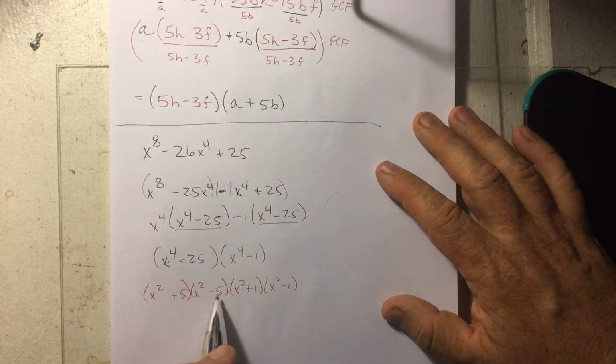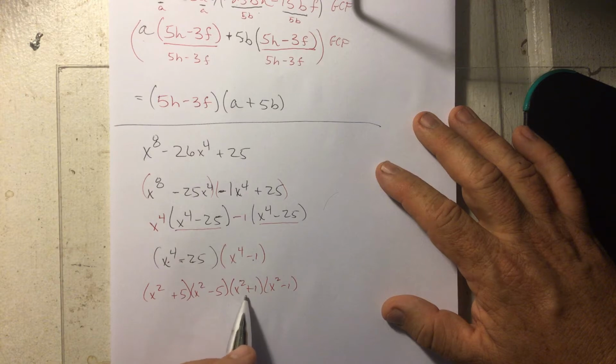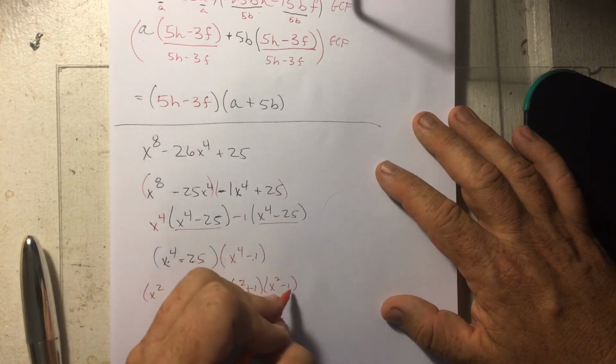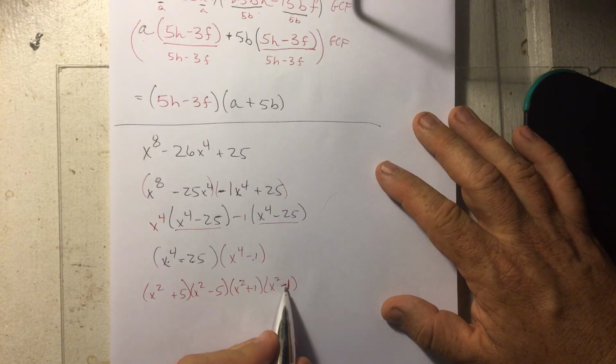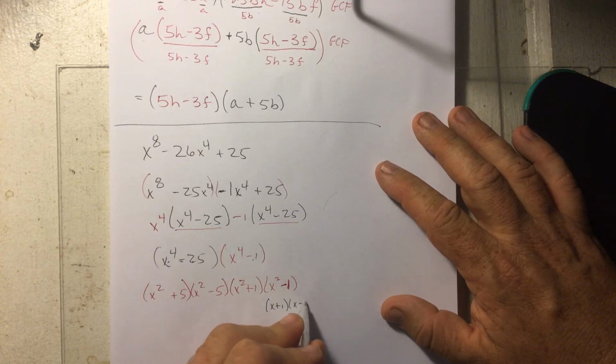Nothing multiplies to make negative 5 but adds to make 0. Nothing multiplies to make a positive 1 but adds to make 0. And if I look at this, this is a negative 1 here. What multiplies together to make negative 1, but adds to make 0? That would be x plus 1 and x minus 1.